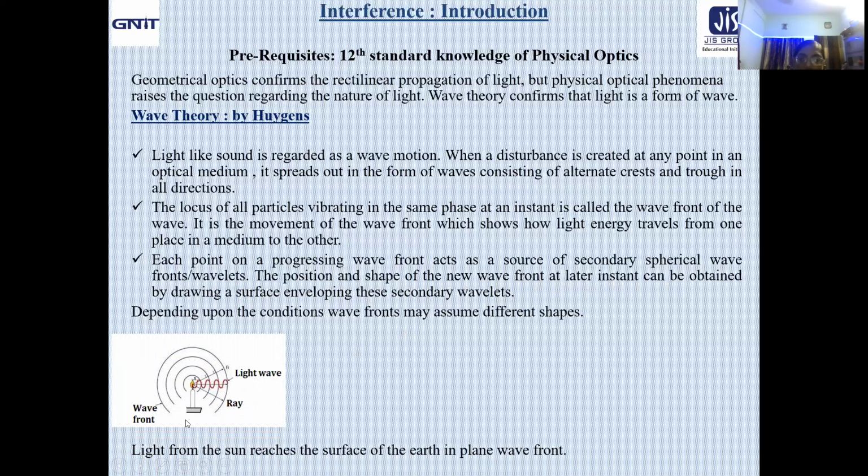So, if you consider a point source kept in a homogeneous and isotropic medium, the waves will come out of this point source and move in the forward direction with velocity of light c, consisting of alternating crests and troughs.